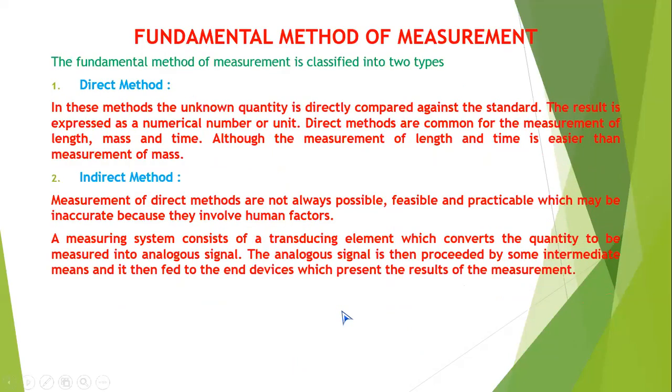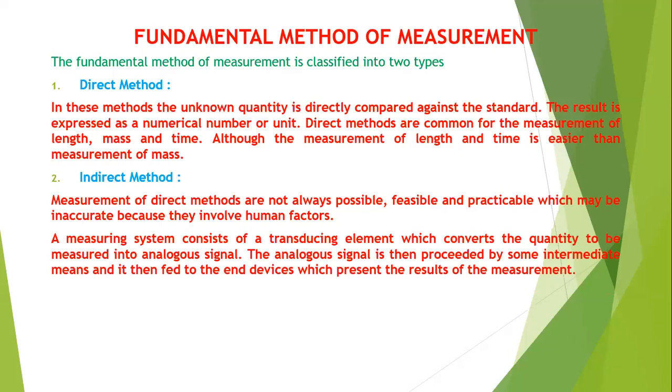Next, come to the fundamental method of measurement. All of you write down fundamental method of measurement. This is classified into two types. One is a direct method, the other is an indirect method. First, the direct measurement. I ask you to measure the length of the shaft.